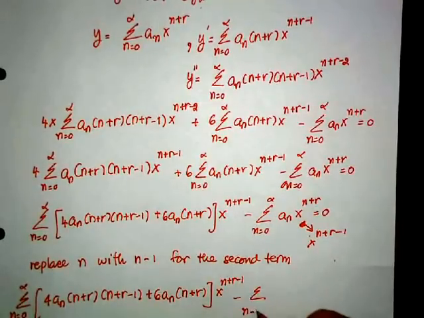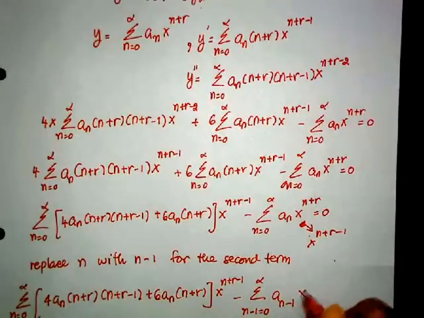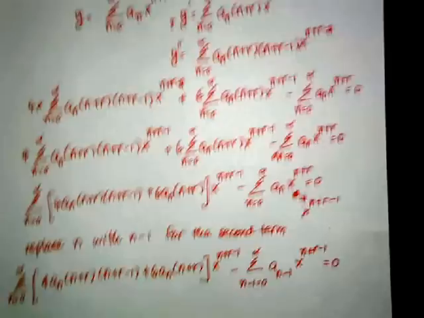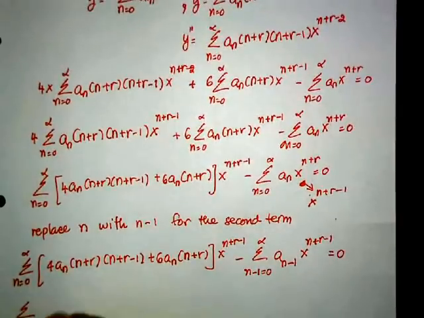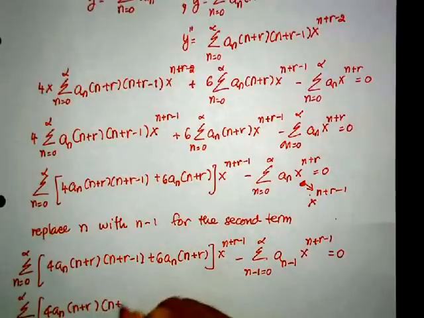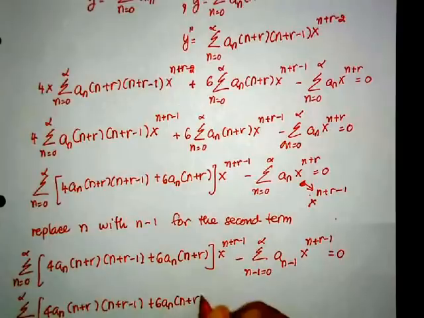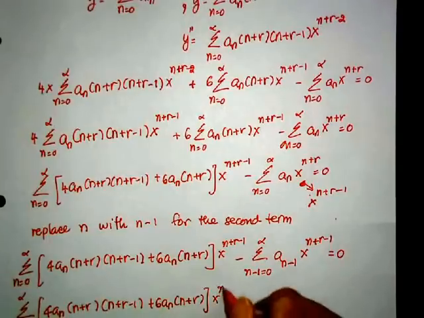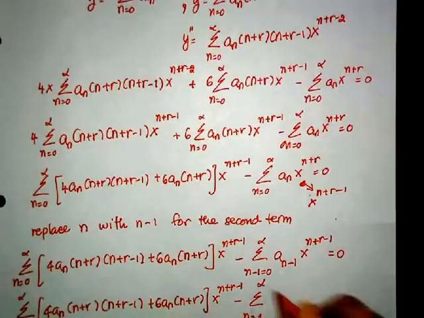n minus 1, a n minus 1, x to the power n plus r minus 1. Minus summation n equal to 1 to infinity.